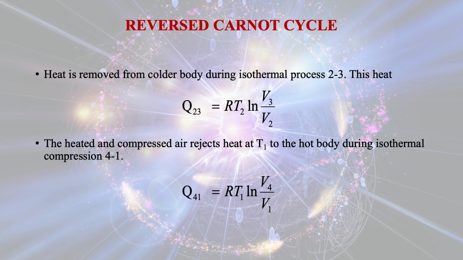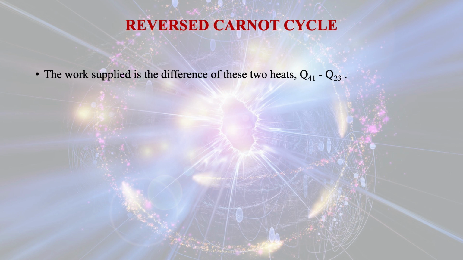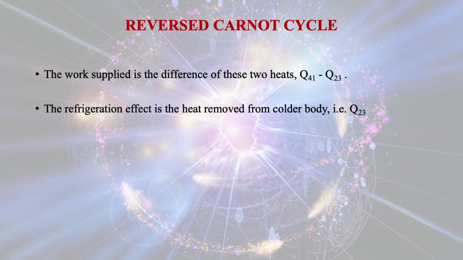That is Q41, equal to RT1 ln V4 by V1. The work supplied is the difference of these two heats, that is Q41 minus Q23. The refrigeration effect is the heat removed from the colder body, that is Q23.